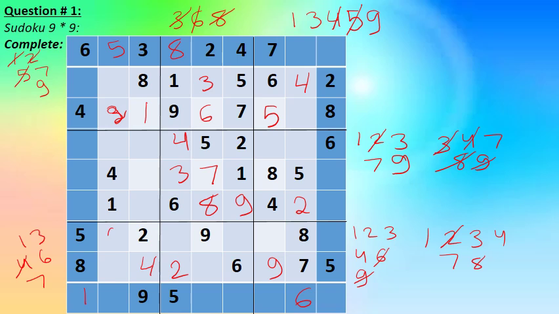Between 5 and 2 we write 6. Now 7, between 1 and 9. So 3 is between 8 and 4.